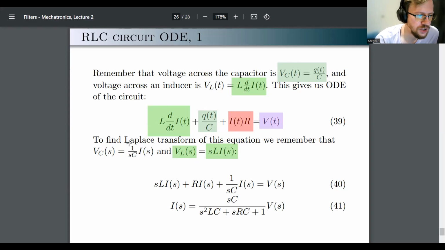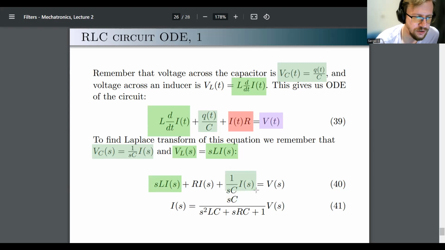For the voltage across the capacitor, we have this expression that we found before. You can think of it as the voltage is equal to the integral of the current times 1 over c. 1 over s is the integral, right? And we rewrite it and we get the equation. Here is the inductor.